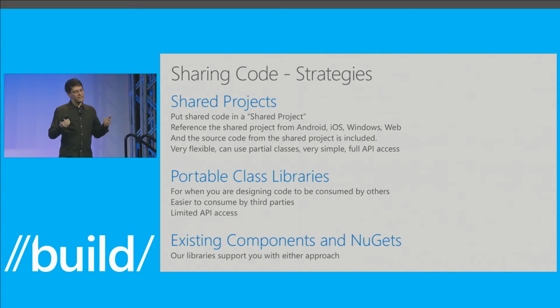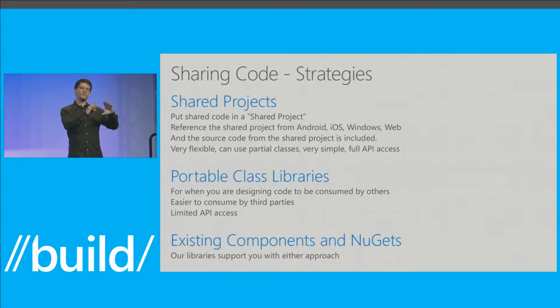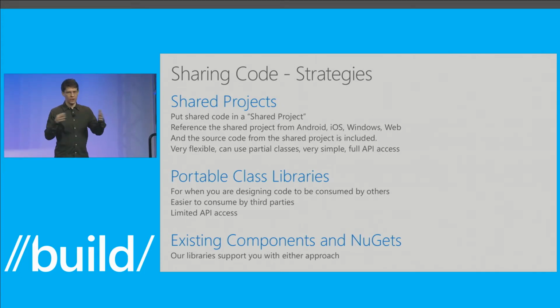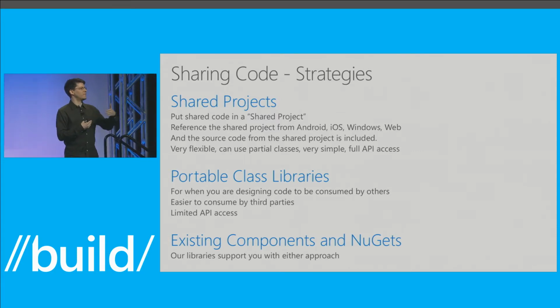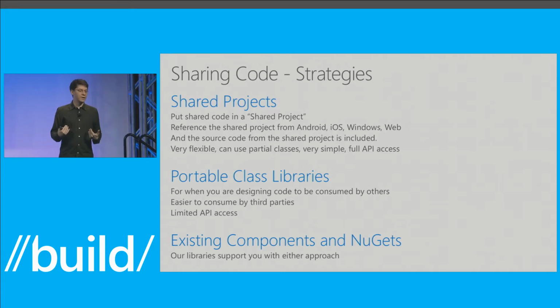Now, the other approach is called portable class libraries. With portable class libraries, you create a project, which is a portable class library, and the output of this will be an assembly. And this assembly then gets shared across all of your platforms. This requires a little bit more engineering, a little bit more contract design. It's a little bit more cumbersome. And personally, I wouldn't use that for an app, but some of my friends do.